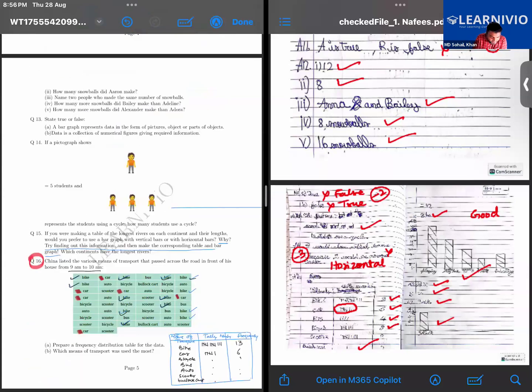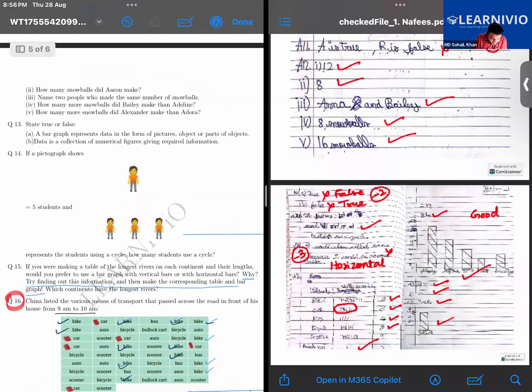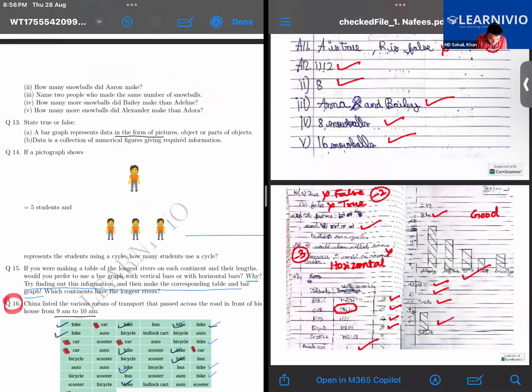Statement A is that a bar graph represents data in the form of pictures, objects, or parts of objects. But that is not true. A bar graph only makes use of bars. It does not use a picture. Nafis and everyone, getting it? In a bar graph, we are only using these rectangular bars. Do we draw a picture like this in the bar graph?